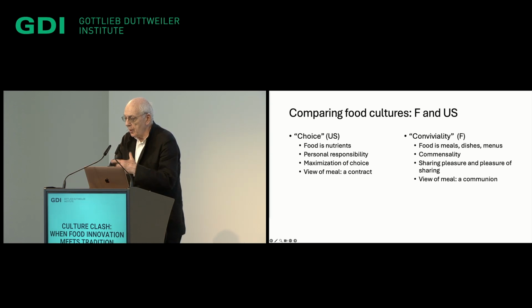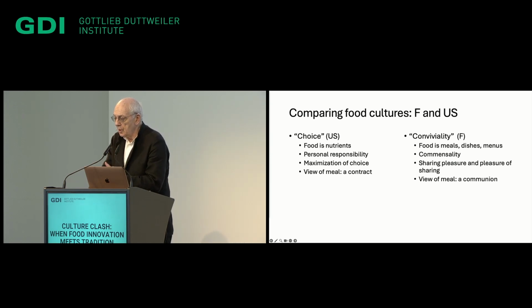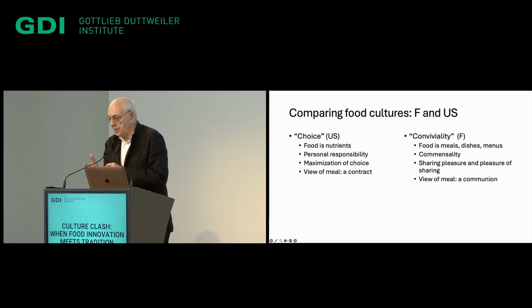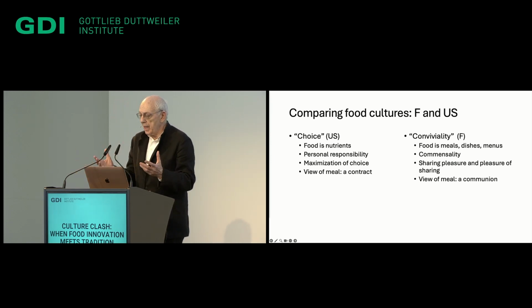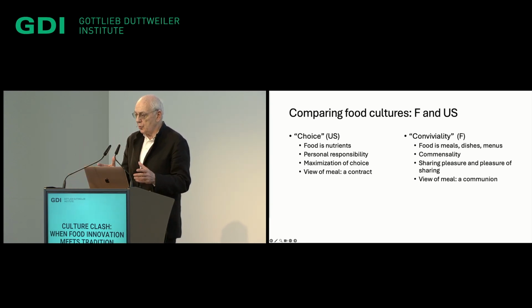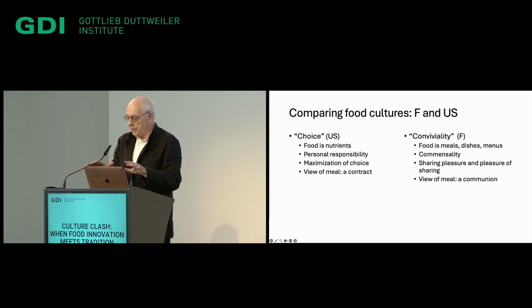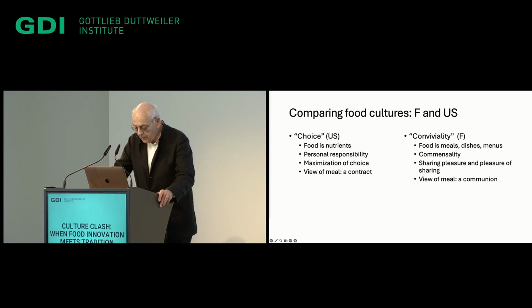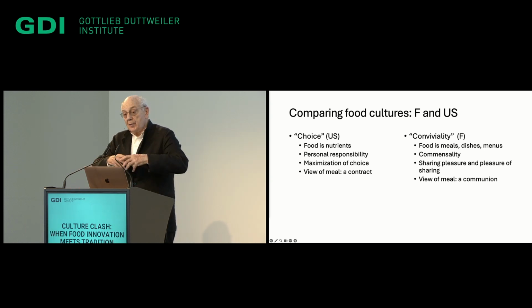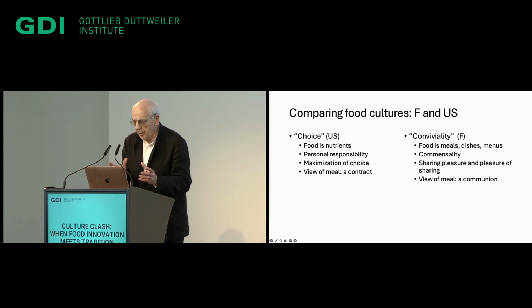You negotiate about the place, about the type of food, you convene, you talk, you eat, you spend half an hour, 45 minutes, say hello, goodbye, and that's that. It's a contract: responsible and free individuals coming to an agreement after a negotiation. There's very little of the communion side, not that people don't enjoy being together.